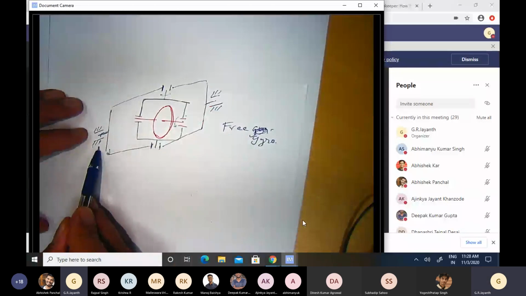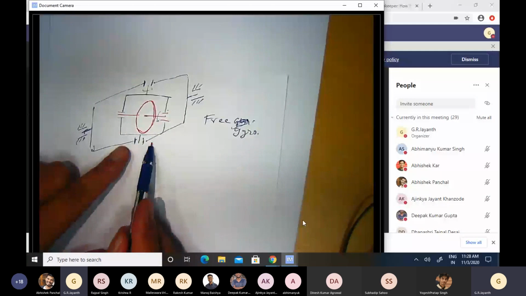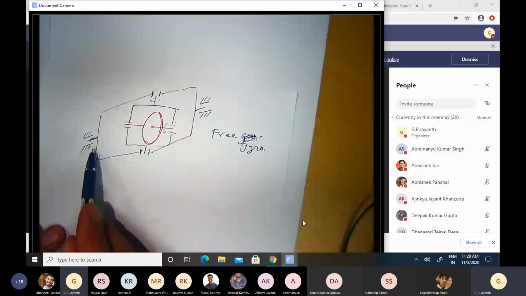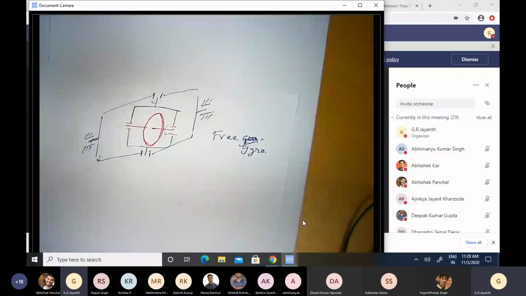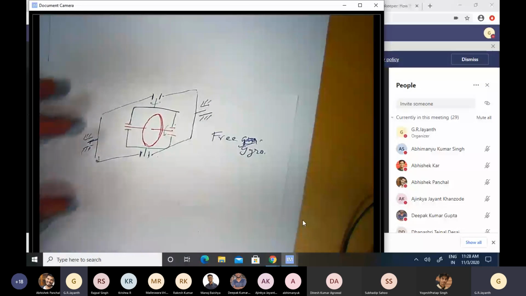They decouple the motion of that frame from the motion of the gyro itself. You cannot put a torque on the gyro when you have mounted it using the gimbals that I have shown here. So when you try to rotate, for example, let us say I mounted this on a vehicle.